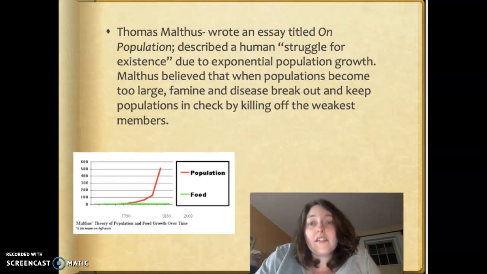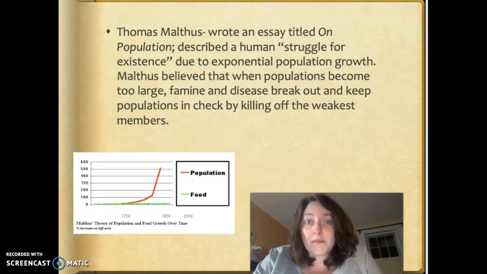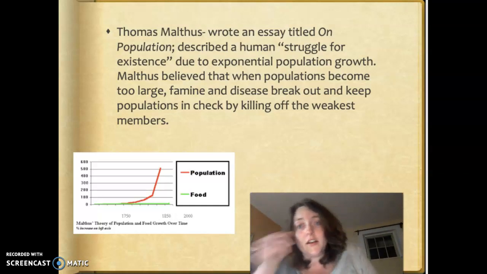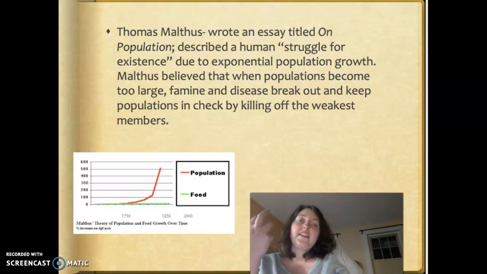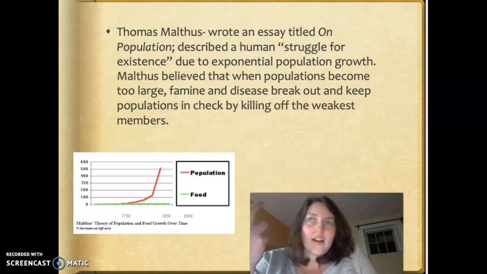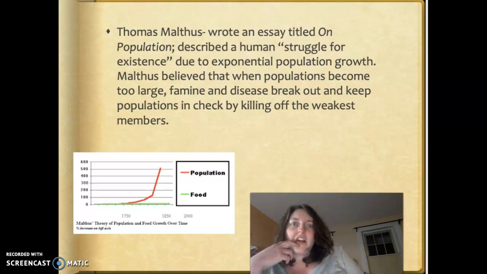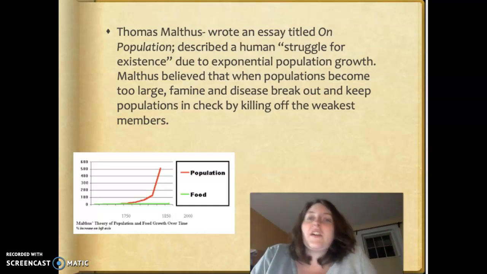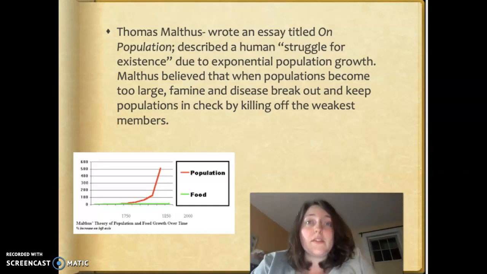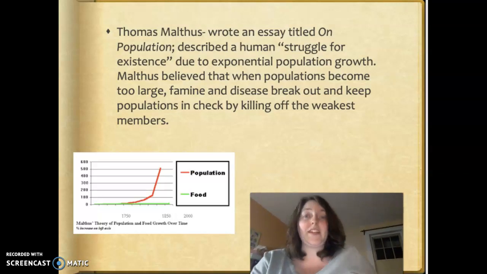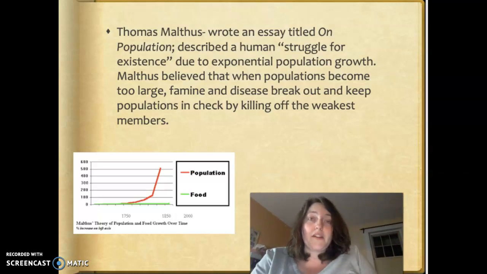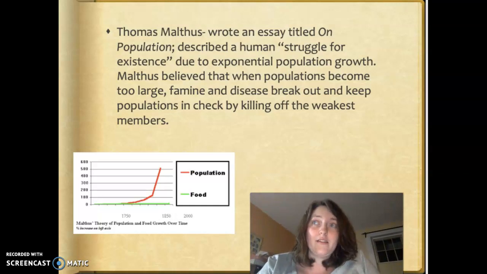Thomas Malthus discussed population in humans and his ideas on the struggle of existence or competition. Now, when a population of any species, including humans, grows exponentially, populations will become too big.